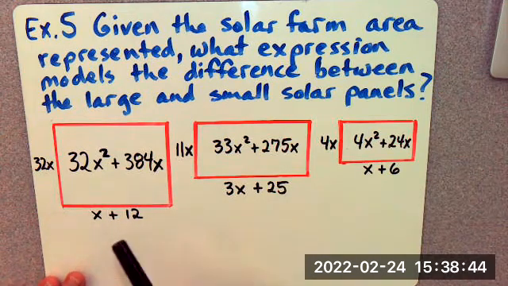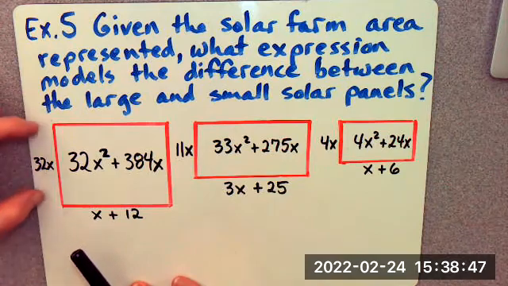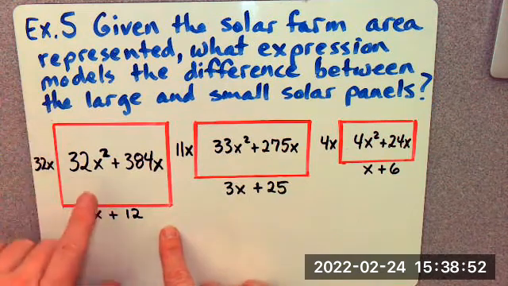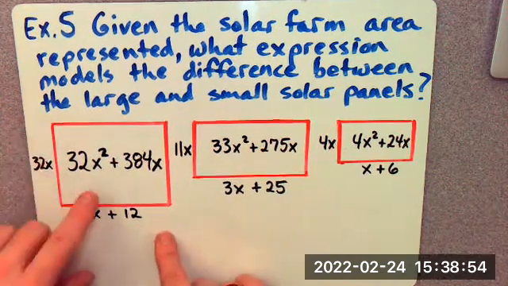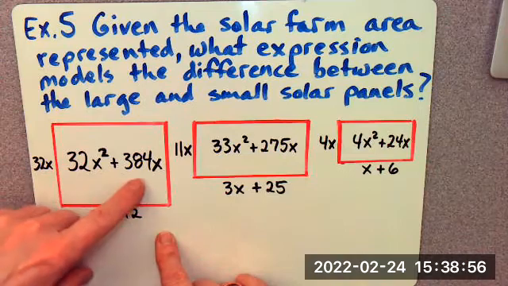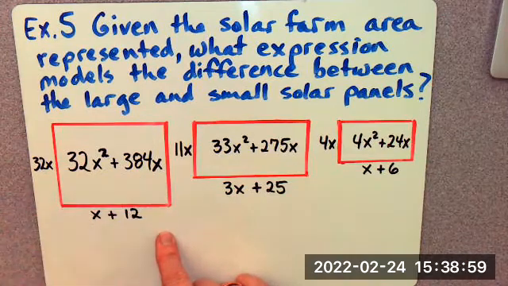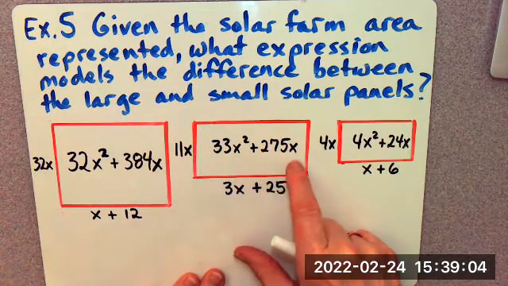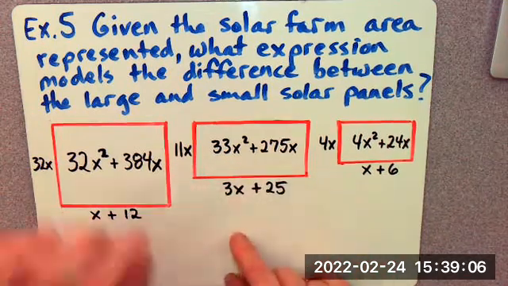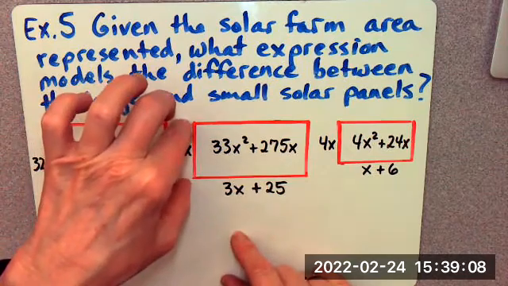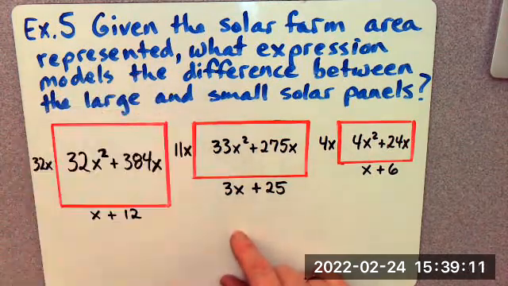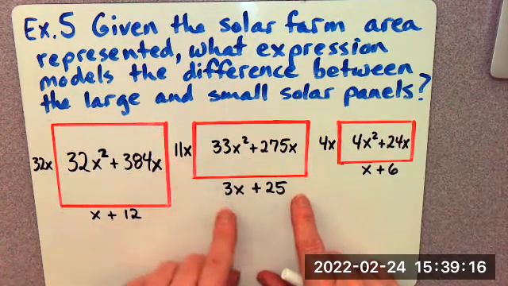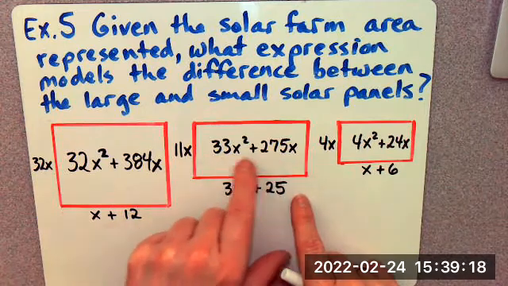So if I have solar panels and the length of 32x on this side and x plus 12 on this side, the area of those solar panels is 32x squared plus 384x. Okay, if I have 33x squared plus 275x, well, that gives me a width of 11x, and a length of 3x plus 25. So when I multiply length times width, I get the area here.